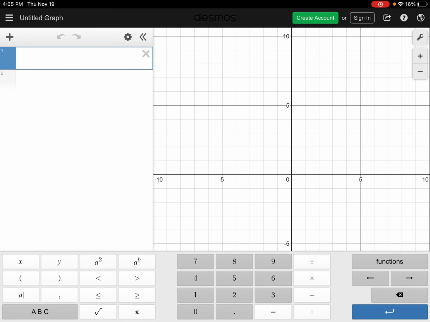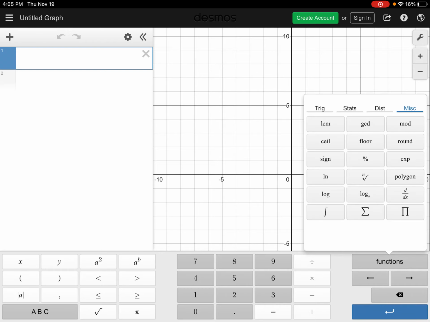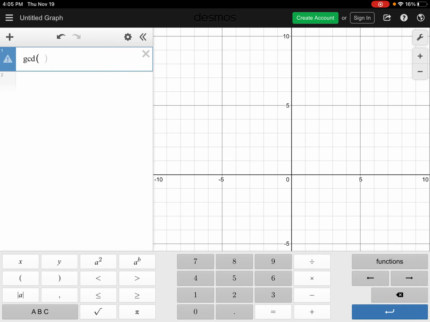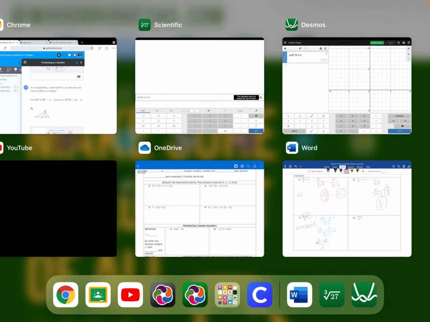You go to the Desmos graphing calculator, you go to functions, and you go to GCD, okay? And there you're going to put 28, 8, and 4. And it gives you that 4 is your greatest common factor.